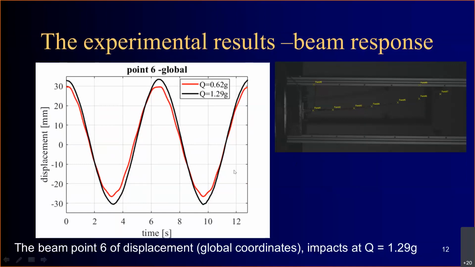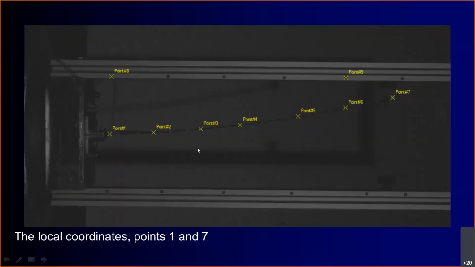But in the next slide, I will try to show you how it was measured in the local coordinate system. We can then notice that there are visible differences if the system goes into impacting. This point is smoother. These are the black points of this beam.